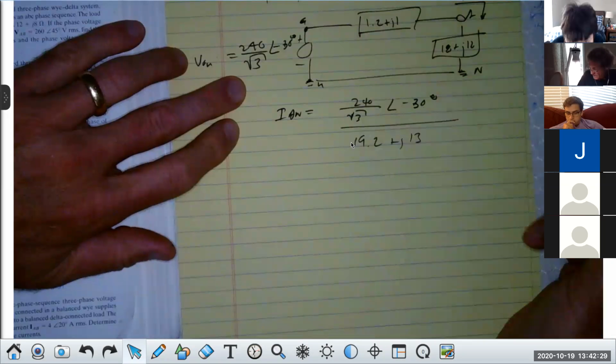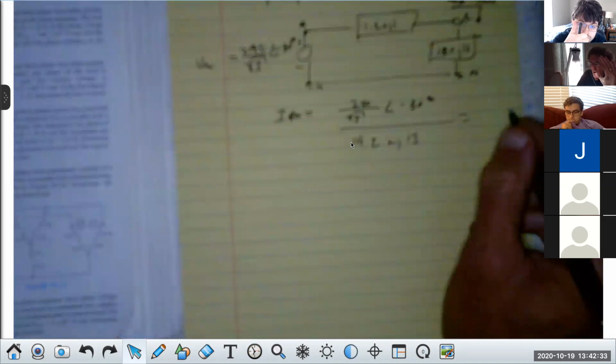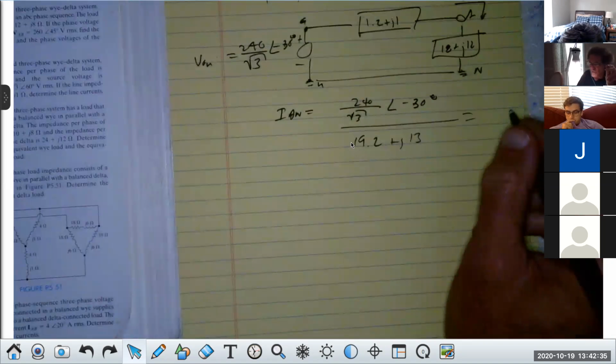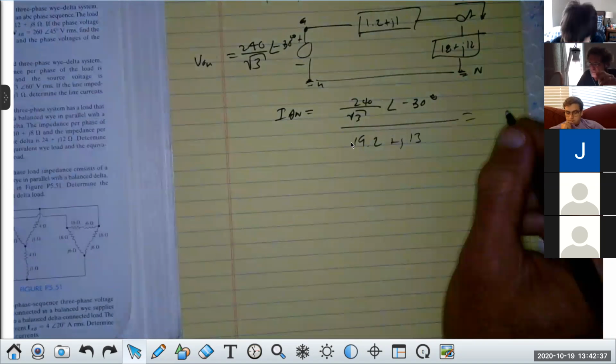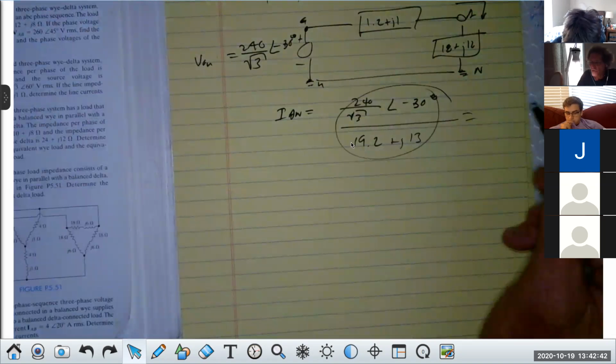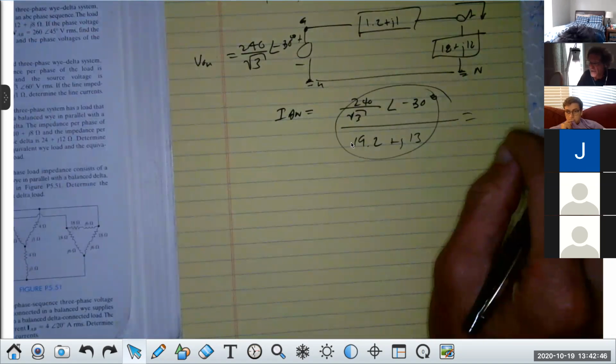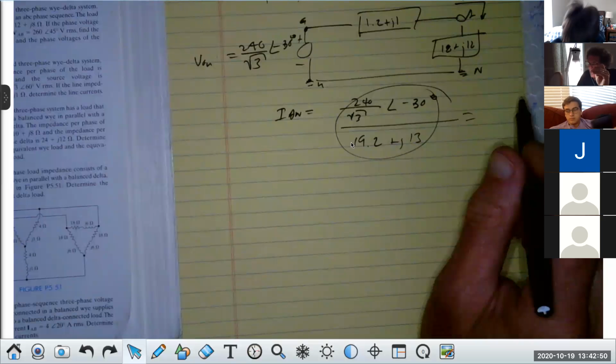Now just leave it there for now. Do you all agree with me on that? Yes. All right. The answers are in the solutions. We could solve for this, but at this point, if you see this, you realize the only thing you need to do is learn how to enter this correctly in your calculators. I'm saying this again. Entering this information correctly and being able to solve it is pinnacle in this course.